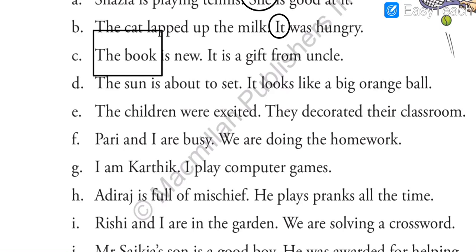Okay, this is done. So the book is a noun, correct? The book is new. And what else is written about the book? It is a gift from the uncle. Now the second time, book is not written. We are not going to write the noun again, because if we write the book again, it will consume a lot of space.